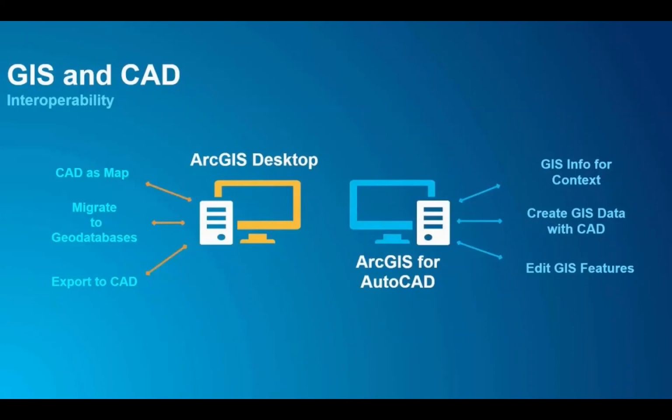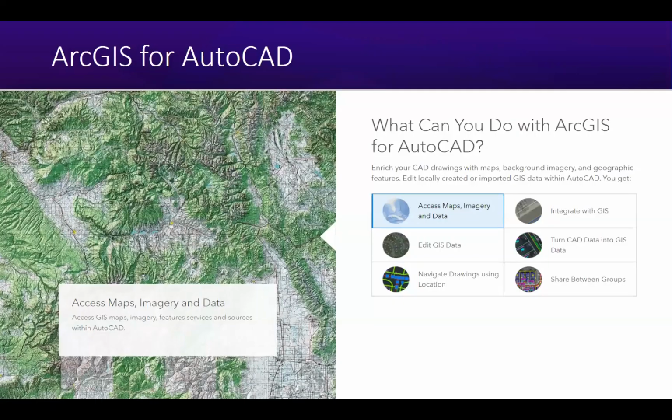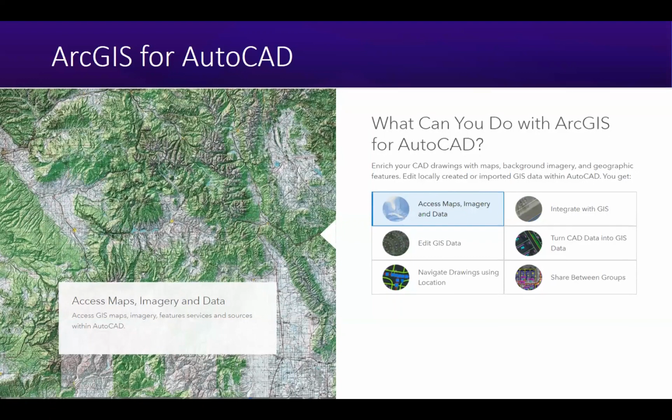Now, there are two aspects to this interoperability, and we have ArcGIS Desktop on one side, which is capable of reading CAD files of different formats. This is the platform I'll be using for the demo later on. And we also have ArcGIS for AutoCAD, which is a plugin available for free. With the plugin, we have access to GIS maps and imagery.